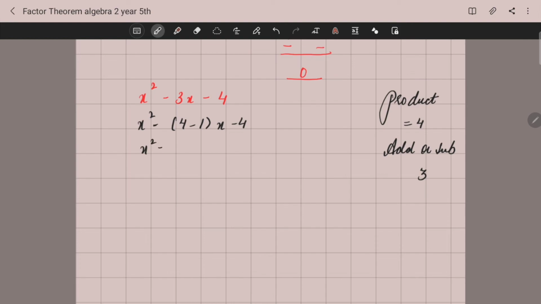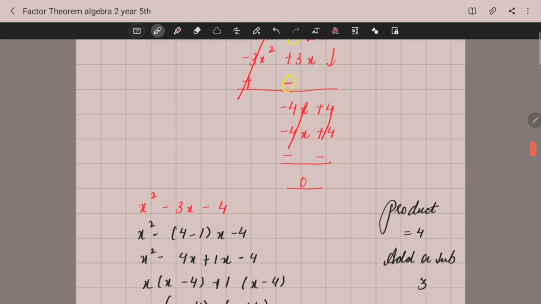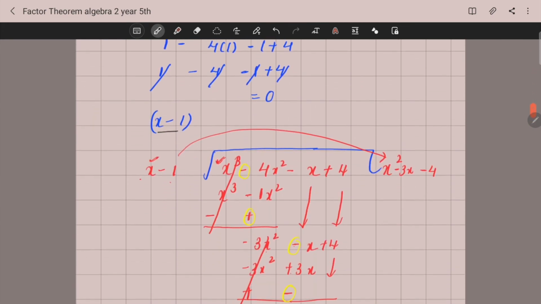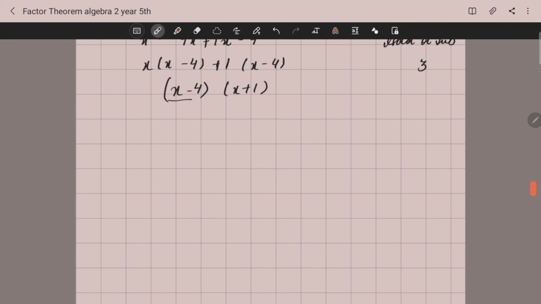So x squared minus 4x plus x minus 4. Take x common: x minus 4, and from the rest 1, so this is x plus 1. So we are left with x minus 4 and x plus 1. So our answer is x minus 1, x minus 4 and x plus 1. These all are factors of this cubic polynomial expression.